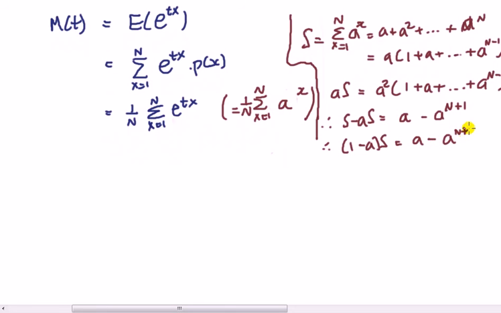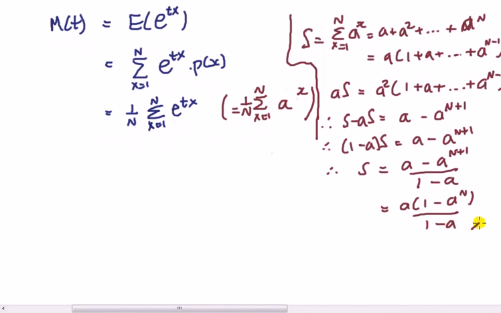Of course you could tidy this up as well, but I don't need to. So therefore, we finally get an expression for S in terms of a like this. If I want to tidy up the numerator, that's a common factor of a again, so a times 1 minus a to the n, over 1 minus a.